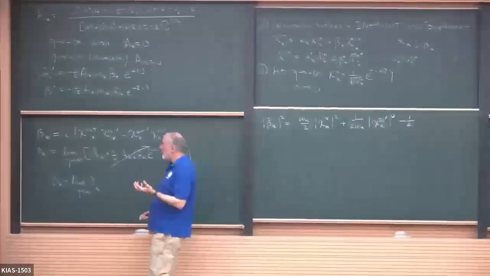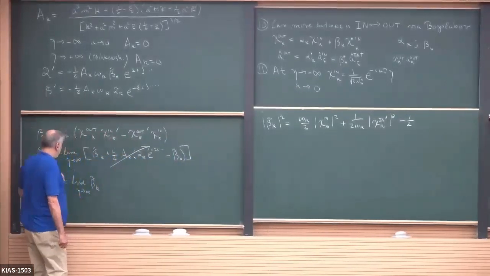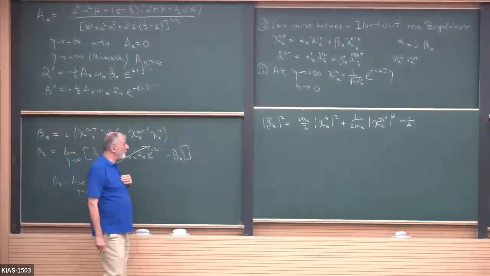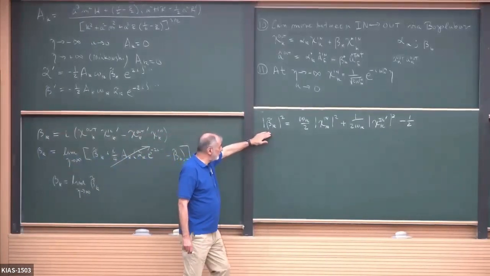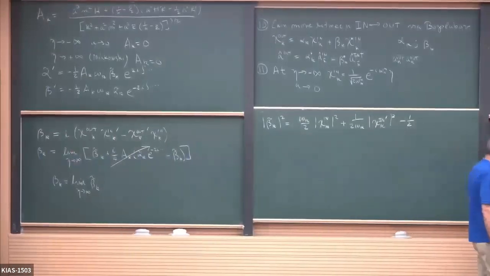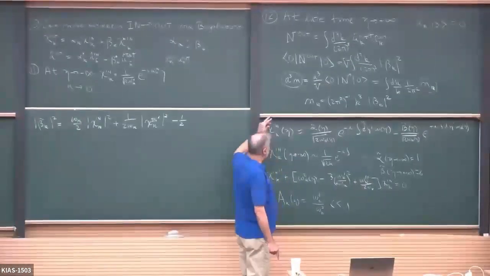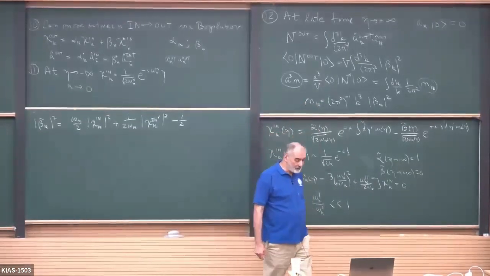Or we could integrate the equations for alpha tilde and beta tilde. And then we can find the late time value of beta k tilde. That's equal to the Bogoliubov coefficient, which is related to the number density of particles in the vacuum.